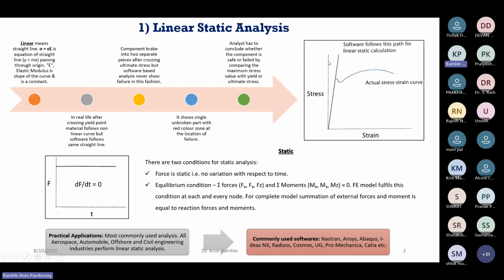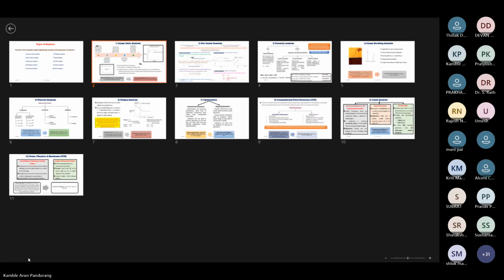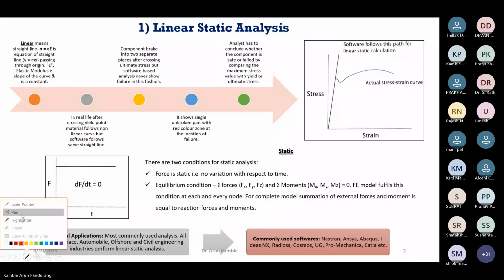If you see this diagram, this plot of stress versus strain, the slope of this straight line is stress by strain. The equation sigma equals E epsilon is the equation of the straight line passing through the origin, and here E is the Young's modulus, which is the slope of this curve, and it is a constant.